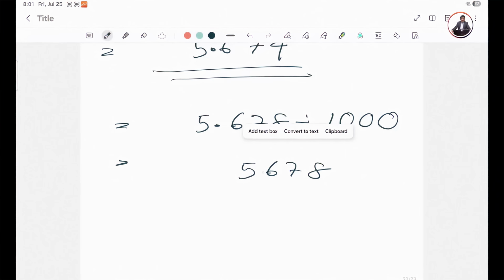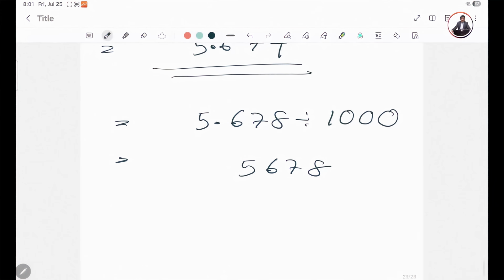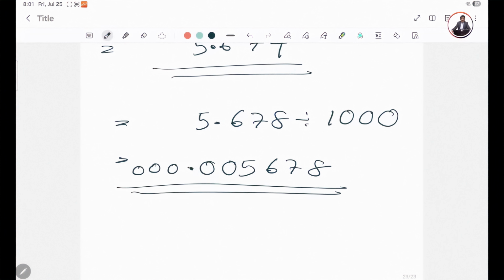Right, and then here is the dot, in the previous place, and then 1, 2, 3 dot, and you can add as many zeros as you want. Right, that's it. I hope that you understood this lesson, and then we can continue from the next one. Thank you.